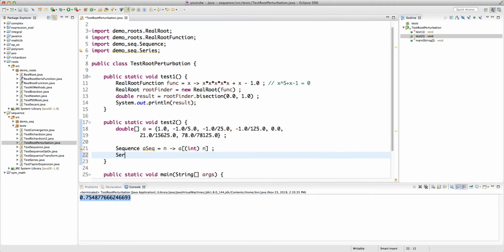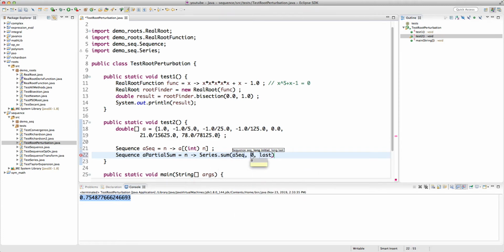And then let's call the partial sums a partial sum, and it's going to be a sequence. The partial sum is also a sequence, and basically n goes to series dot sum over A sequence.